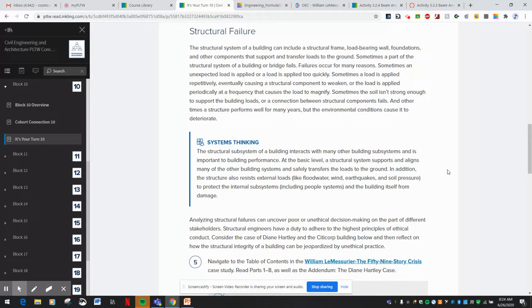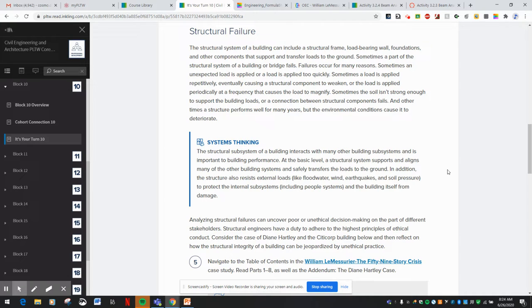Okay, so we talk about structural failure and why things happen like that, whether it be a frame, load bearing wall, foundations, the hotel in Kansas City where the second floor gave way, or bridges that have collapsed.